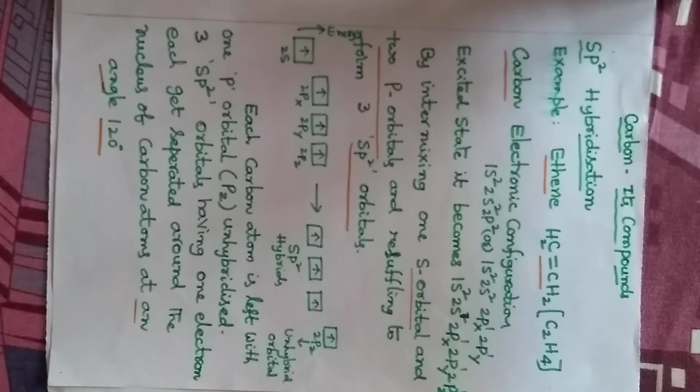So in each carbon atom, there is one unhybridized orbital. 3 sp2 orbitals having one electron each get separated around the nucleus of the carbon atom at an angle of 120 degrees.